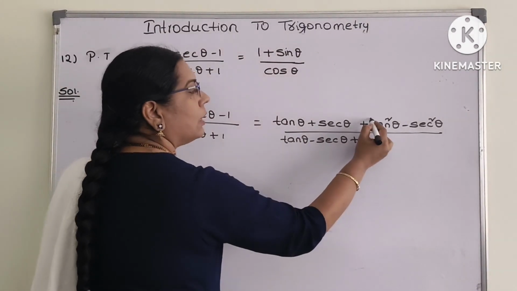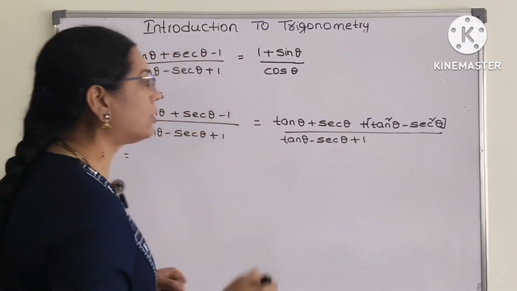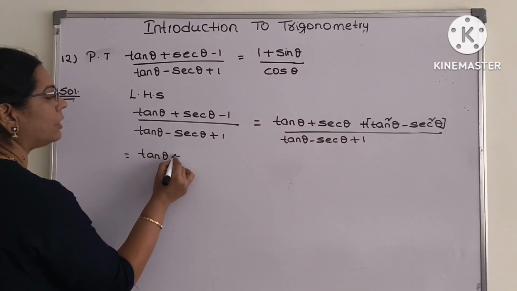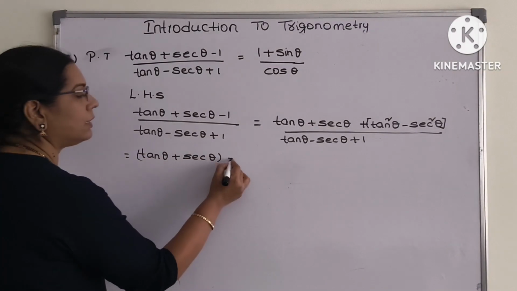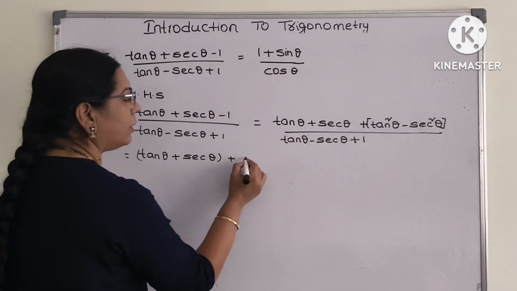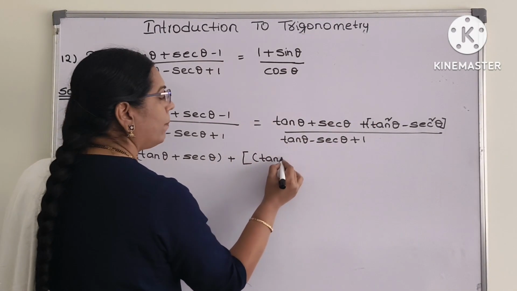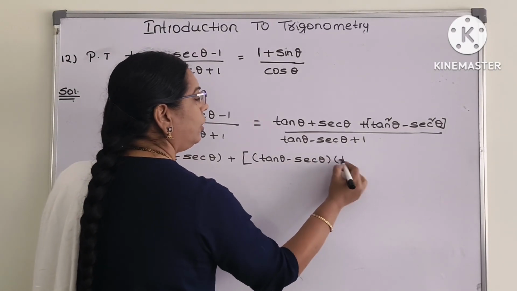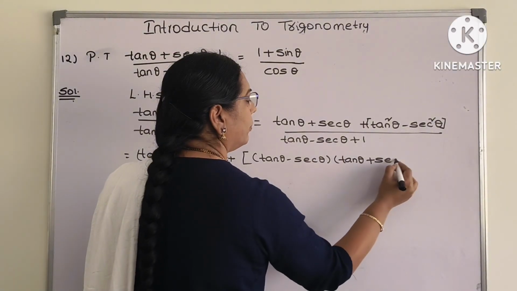Now, this whole thing is of the form a square minus b square. So, I will rewrite it using the (a plus b) into (a minus b) form. So, tan theta plus secant theta, this I will make as one term. And then I can write this as (tan theta minus secant theta) into (tan theta plus secant theta).